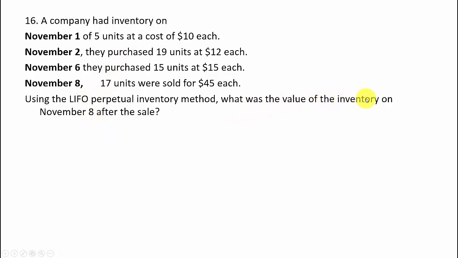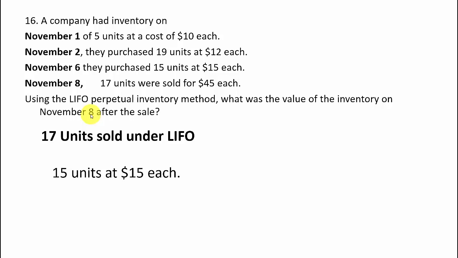They want to know the value of the inventory on November the 8th. They don't want to know the value of the goods that you sold, but I'm going to go ahead and do that anyway. The cost of the 17 units that were sold would be the 15 at $15 a piece, the November 6th price, and 2 more at the $12 per each price, which was the November 2nd price.